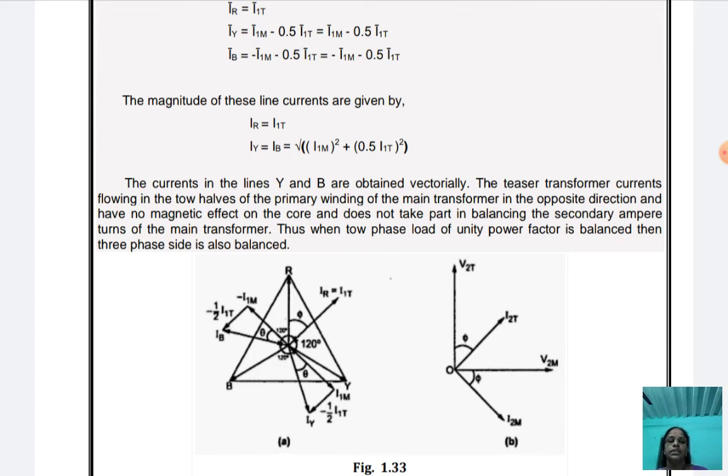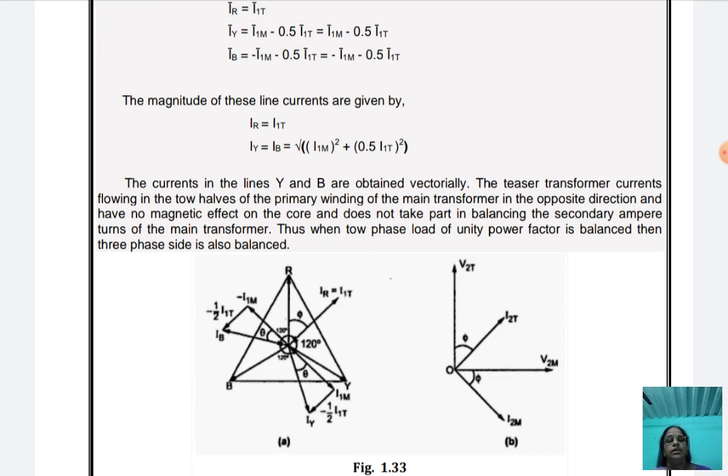But compared to the previous vector diagram, the IR current lags behind by an angle pi, that is the 180 degree phase shift for the R phase, Y phase and B phase. This is for a balanced load only.